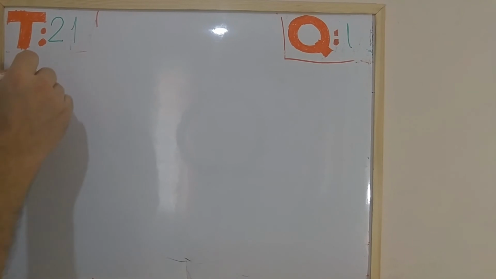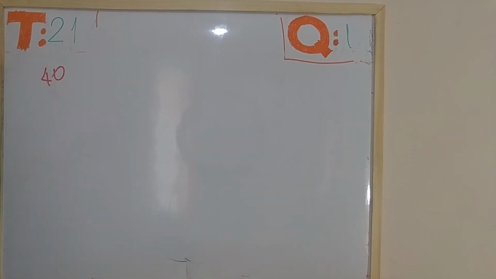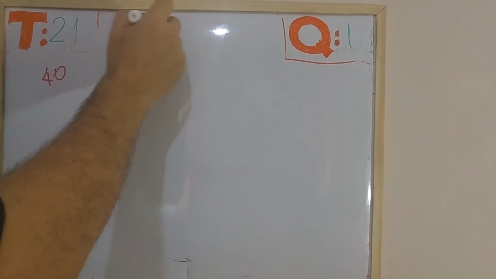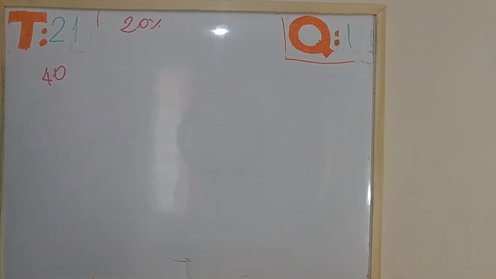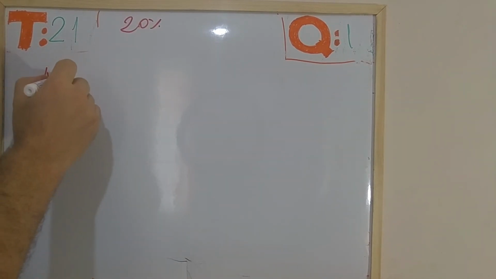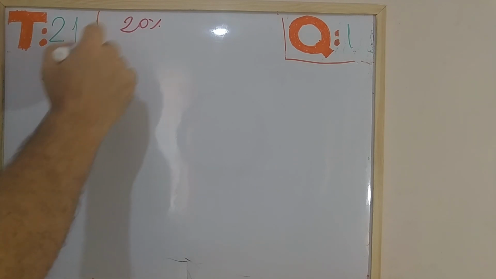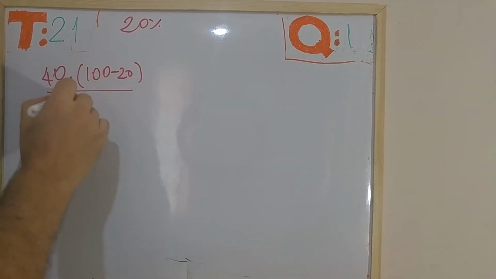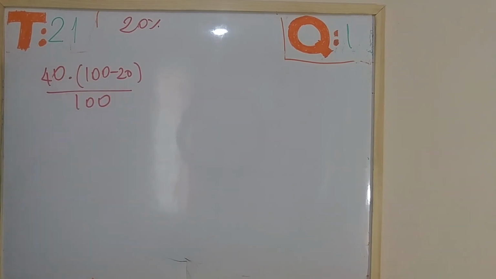Original price is $40 and markdown is $20, which means that there is 20% of discount. So what I need to pay is the rest of this price, which means 100 minus 20% is what I need to pay.